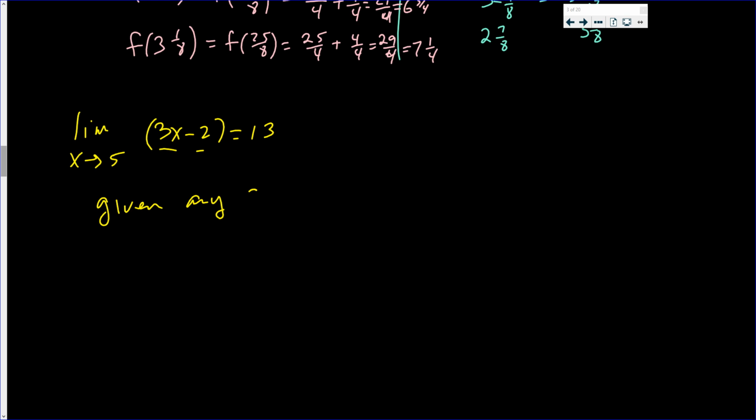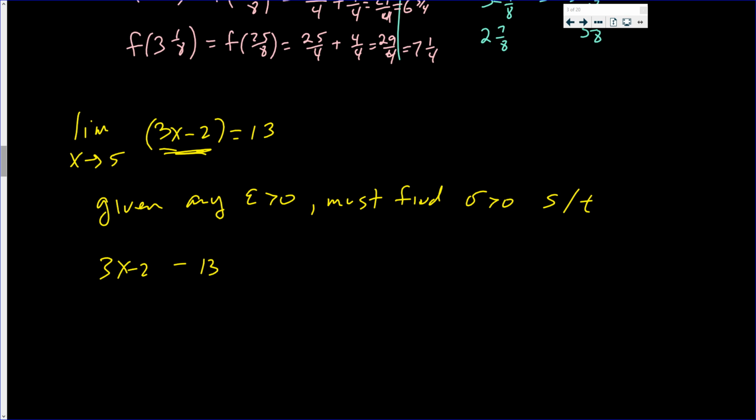given any epsilon greater than 0, you must find delta greater than 0 such that the absolute value of f of x minus L is less than epsilon whenever 0 is less than the absolute value of x minus c, c is 5, is less than delta.